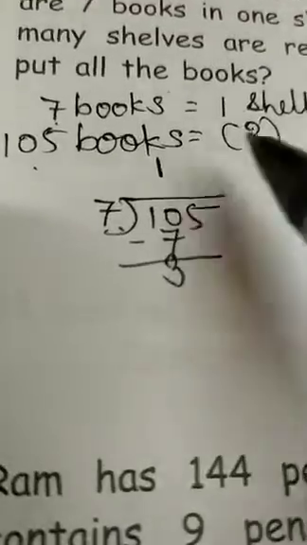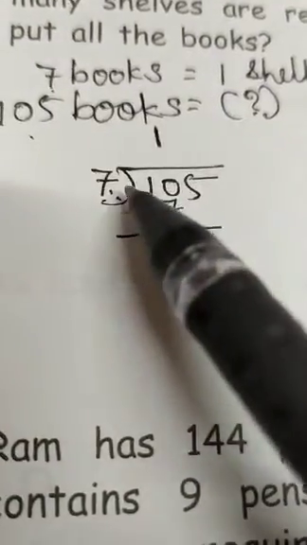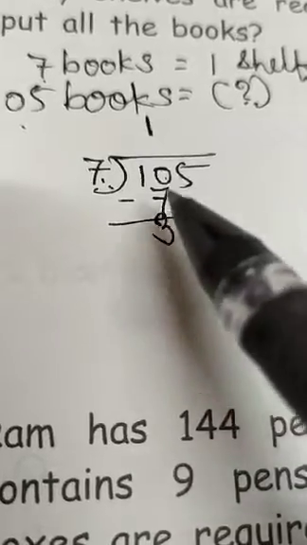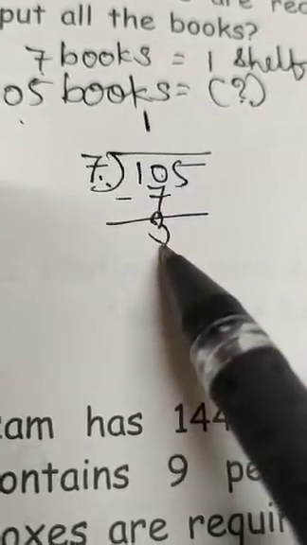So what is there? 10 minus 7. So 10 minus 7, how much it is? Do that. 10 minus 7, it is 3. So we write 3 here. Yes. 10 minus 7 is 3.